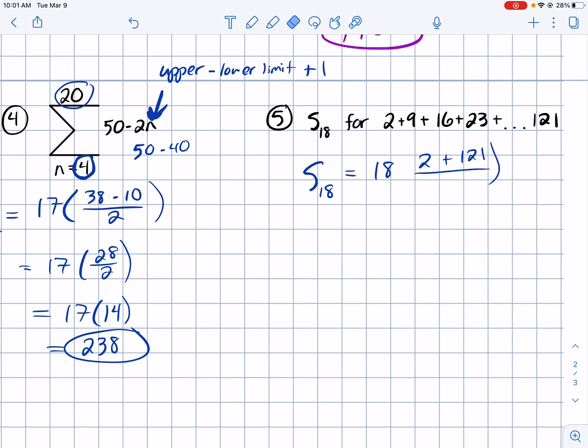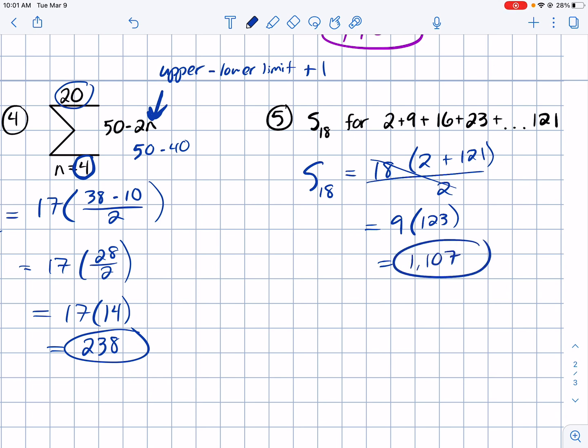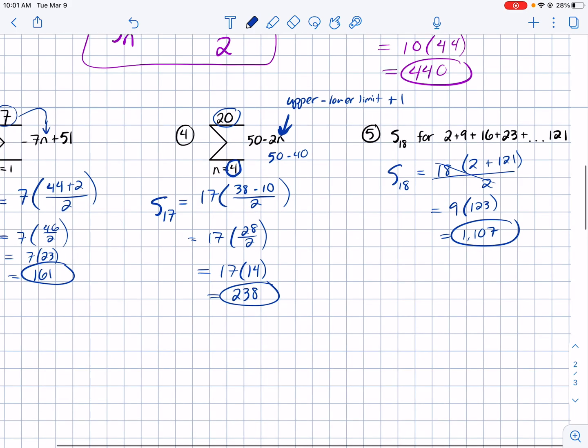This whole thing is divided by 2, and it might be easier to just cut the 18 in half right away. So we get 9 times 123, which gets us 1,107. Okay, great. Great work there.